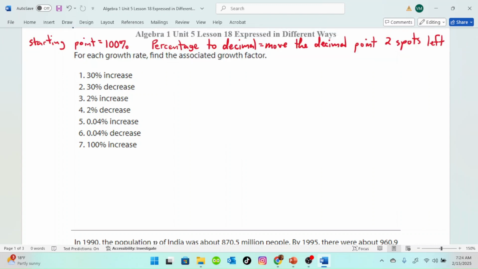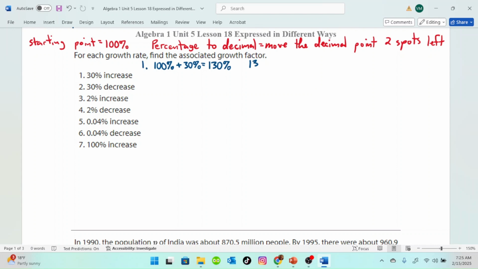In number 1, we have a 30% increase. That means we're going to take the original 100%, we're going to add the 30% increase, and that's going to give us 130%. But we need to write this as a decimal.